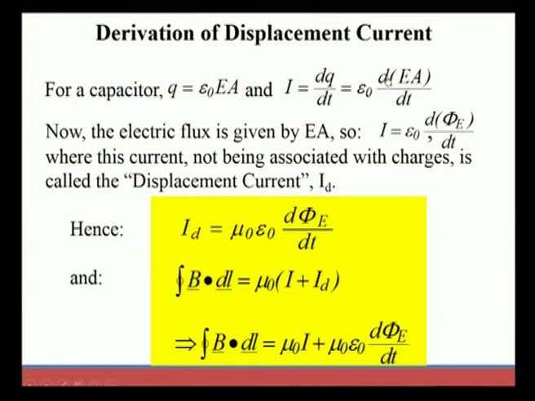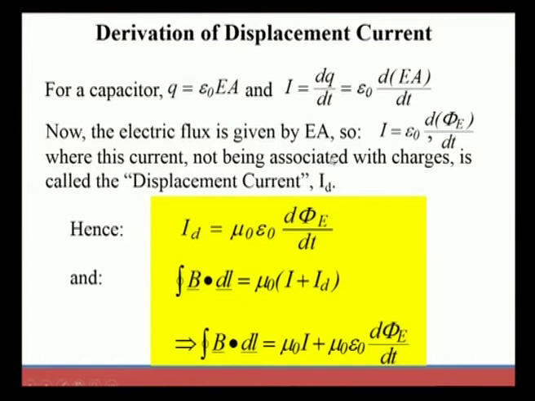So, d of E A is differentiated with respect to time, that is dt. Now we know that the electric flux is E A. So, I is equal to epsilon naught d phi E divided by dt, where E A is substituted by phi E.